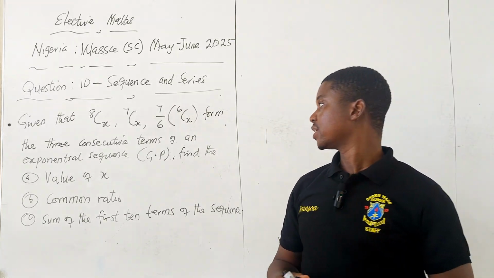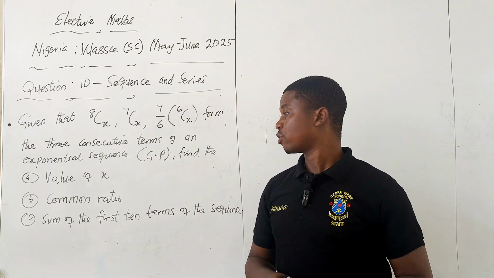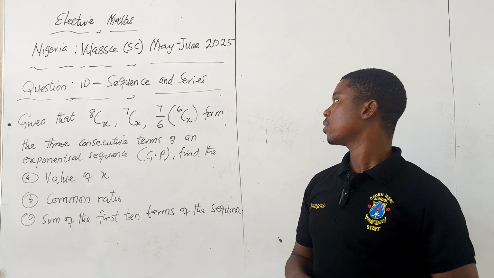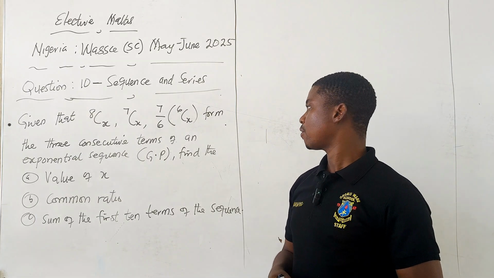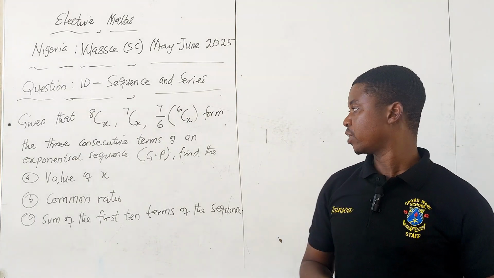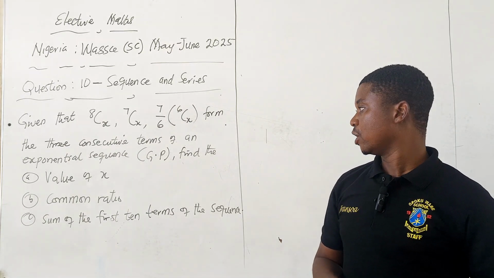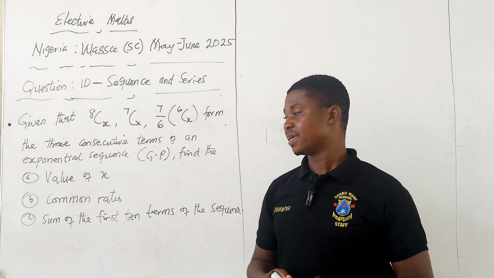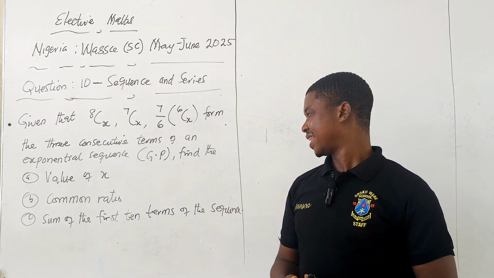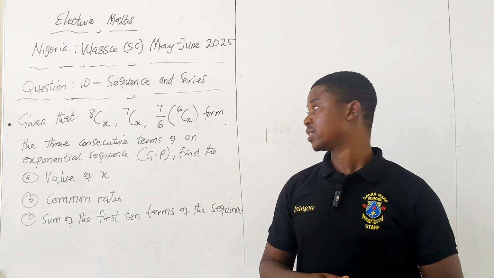It reads: given that 8 combination x, 7 combination x, and 7 over 6 into bracket 6 combination x form the 3 consecutive terms of an exponential sequence, GP, find A, the value of x, B, the common ratio, C, the sum of the first 10 terms of the sequence.